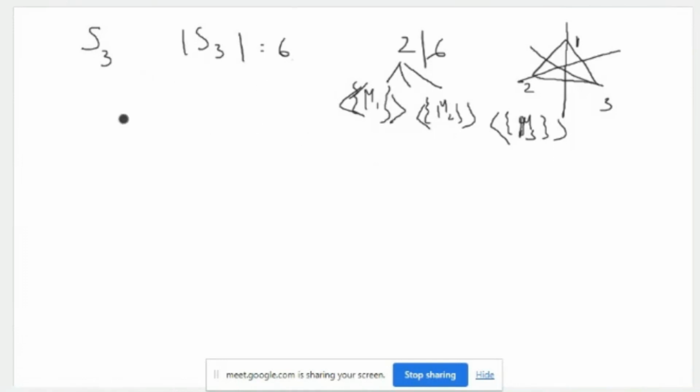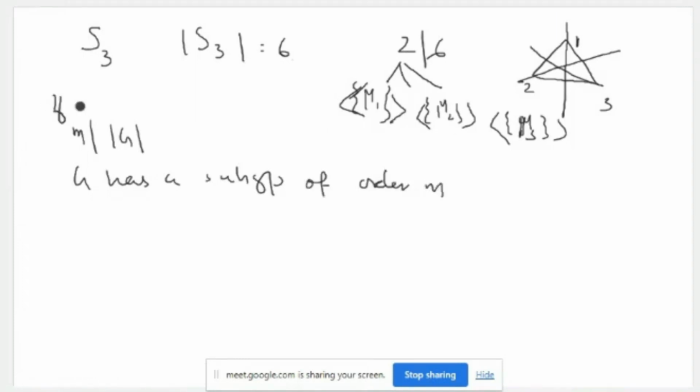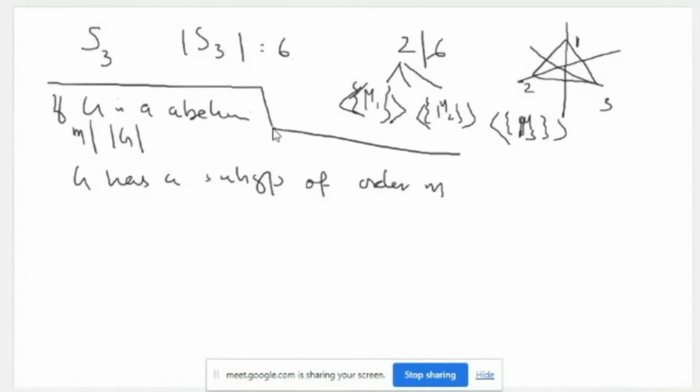So if m divides the order of G, G has a subgroup of order m if G is a finite abelian group. If G is a finite abelian group, the converse of Lagrange's theorem is also true.